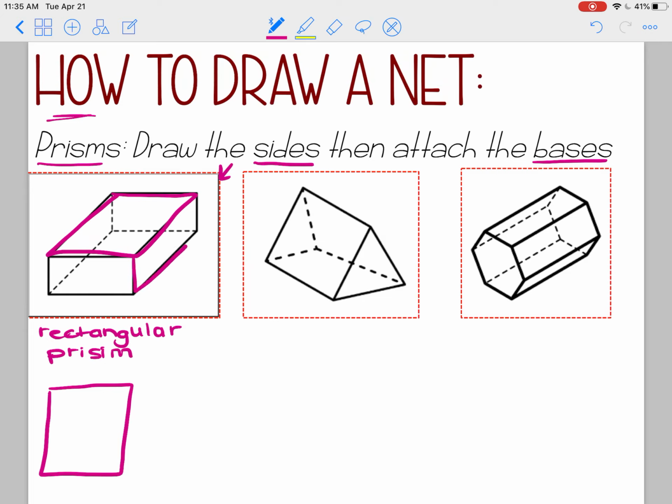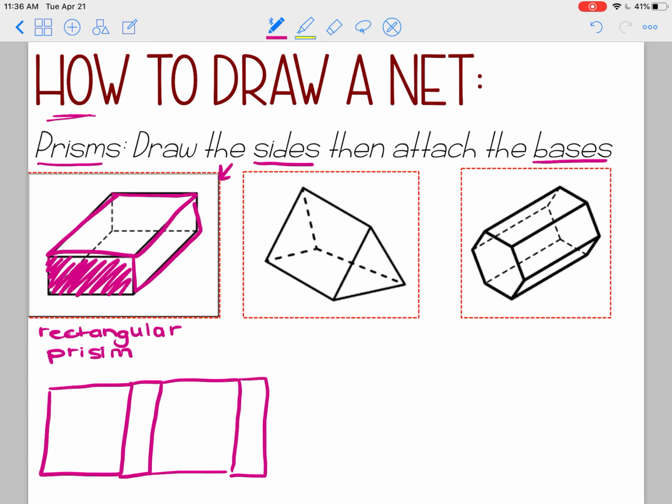Then we draw our little skinny side, then the back cover, and then another little skinny side. Now we can't forget the top and the bottom, so we attach those to our biggest side. And there is our net of a rectangular prism.